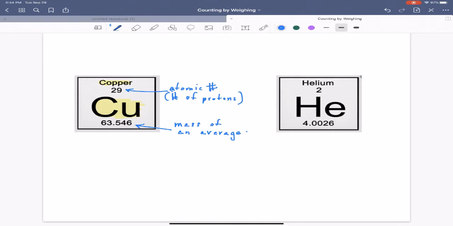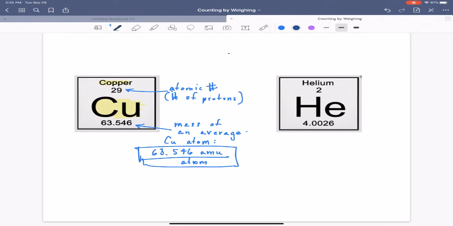No. But it does reflect the group. And the group has 29 protons, some neutrons, and 29 electrons. And on average, there are 63.546 AMU per atom. This is one way to interpret the meaning of that on the periodic table.